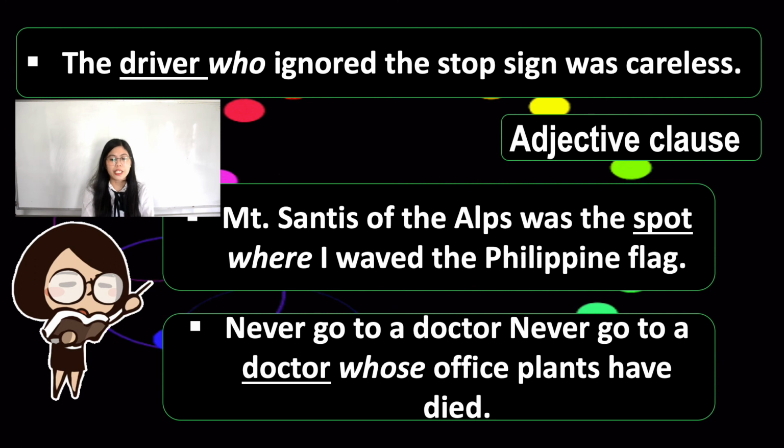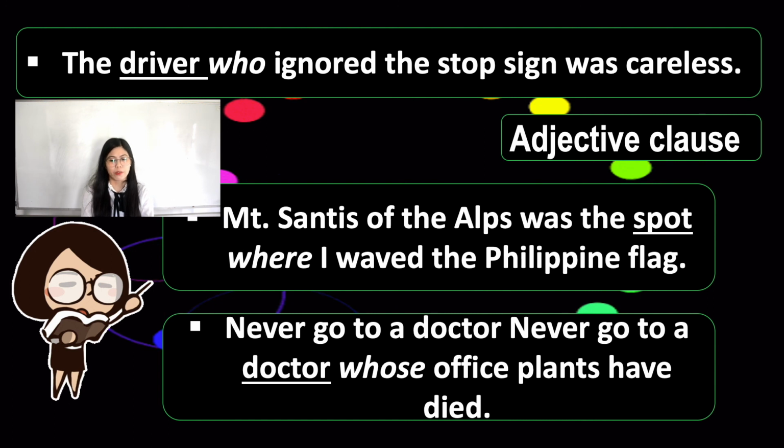Okay, so the relative pronoun here is the word where. Since we already have the relative pronoun, can you now identify the adjective clause? Okay, so the adjective clause here is where I waved the Philippine flag. And this adjective clause modifies the noun spot.